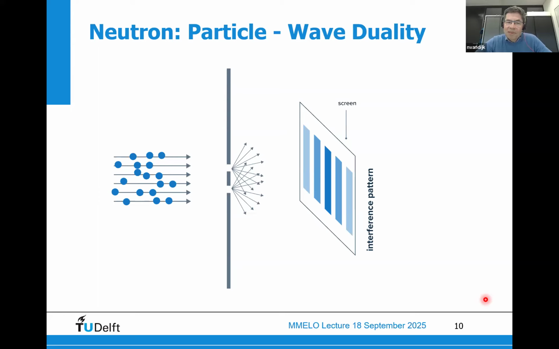Now, an important property is that the neutron is both a particle and a wave. And this is something very basic in quantum mechanics, which we also have for electrons and even for photons. Photons are the quantized electromagnetic waves. So for neutrons, it's quite obvious that we can see this as a particle because it has a mass, but it's not so obvious that this is actually a wave.